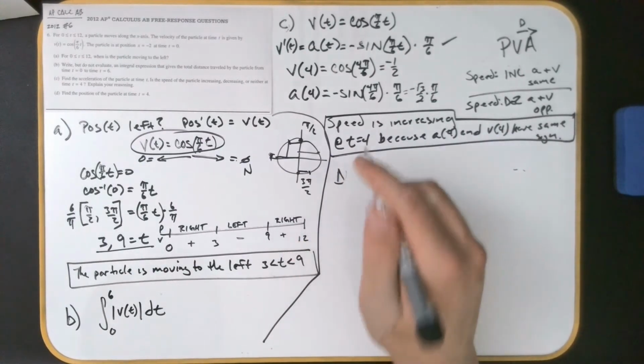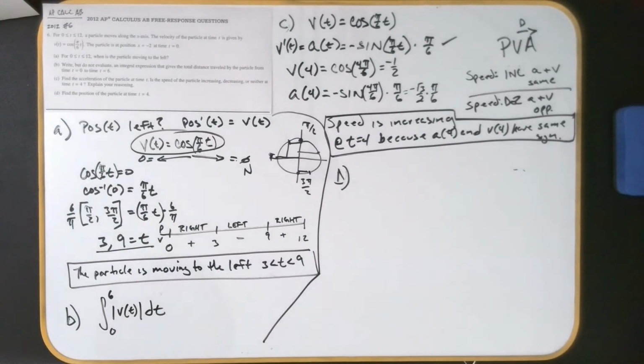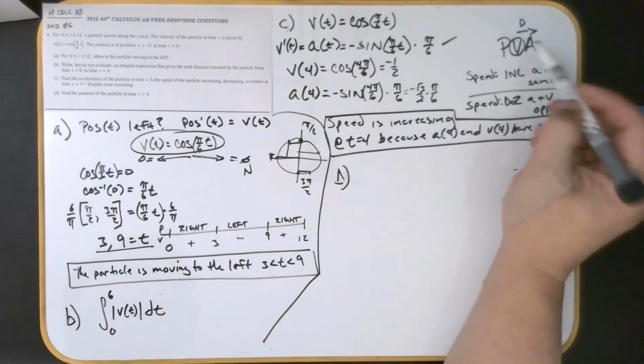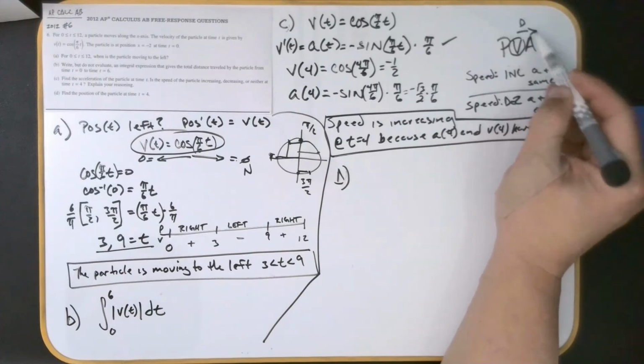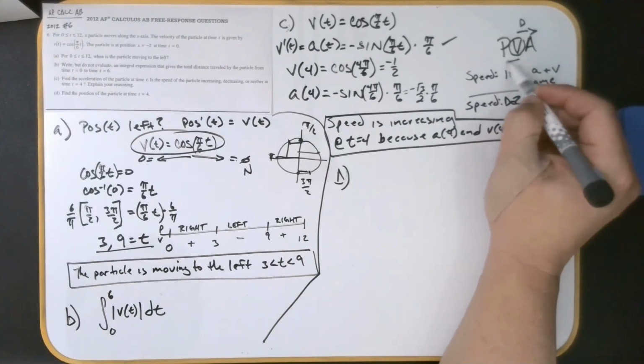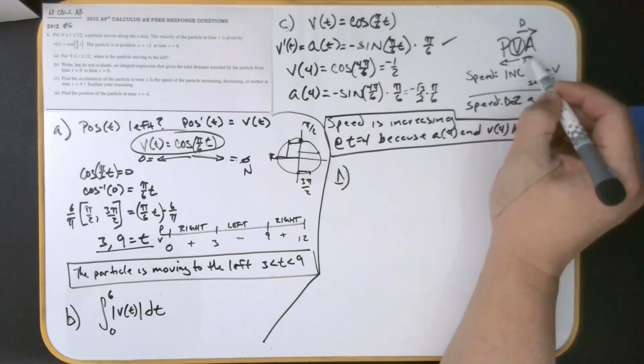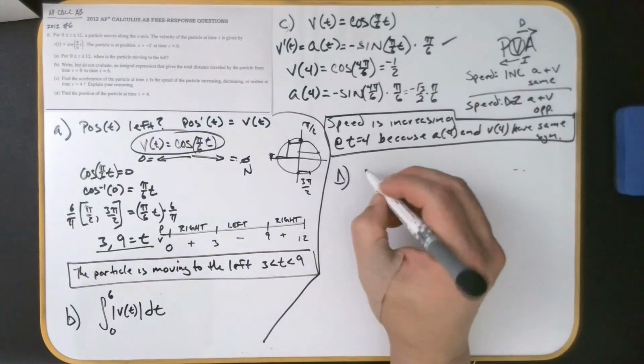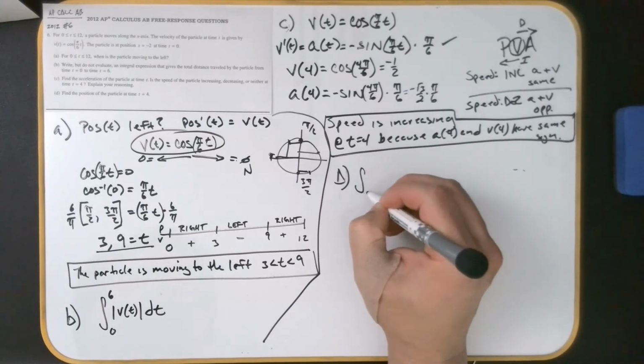Time for part D. So part D says, find the position of the particle at t equals 4. You probably anticipated that. We were given velocity. We took the derivative to get acceleration by deriving here, and now we're going to have to integrate to figure out position. So what I'm going to write here, just so we don't lose anybody, we're going to integrate.